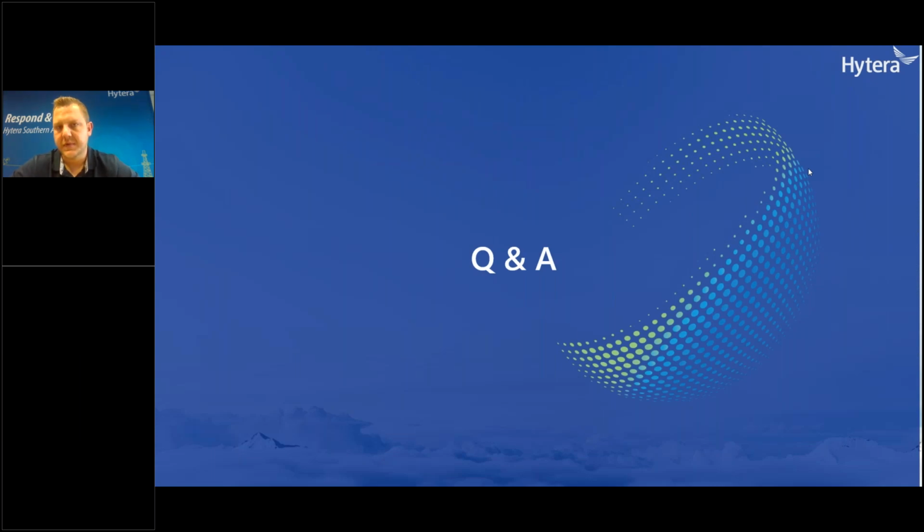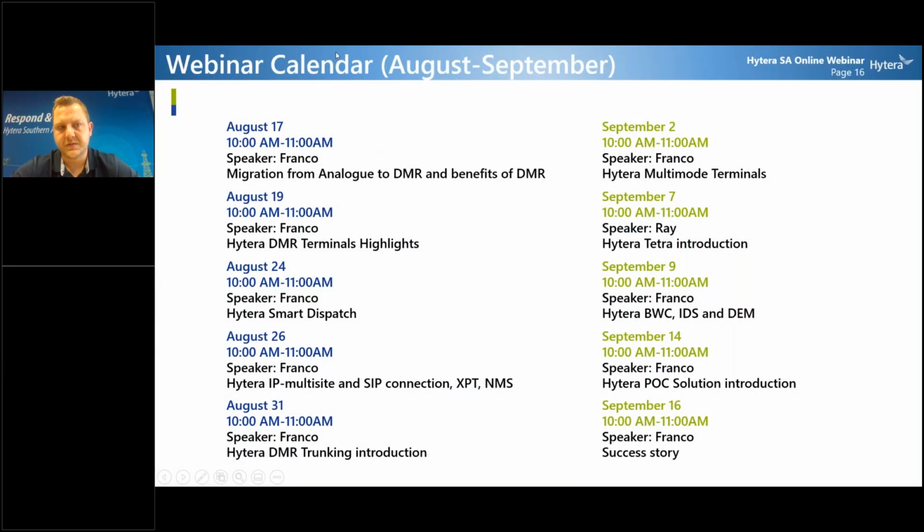Today's session was a bit shorter than I thought it would be because I was expecting more questions. If we look at the agenda and where we are so far, we've completed the migration from analog to DMR. We've completed the Hytera terminals, the mobiles and portables. On Tuesday, we spoke about smart dispatch.